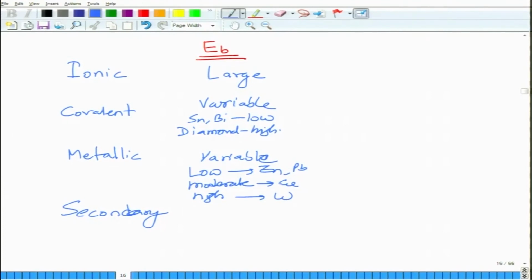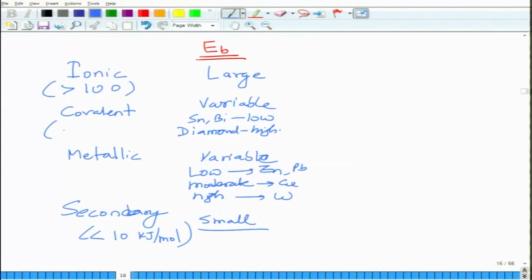Of course, defining the boundaries is not very easy, and secondary bonding is very small. It will have a bond energy of less than 10 kilojoules per mole. Typically it is less than 5 to 10 kilojoule per mole; in fact, it is even lower than that. For ionic we are typically looking at values greater than 100.